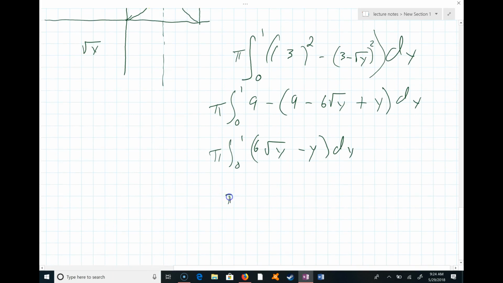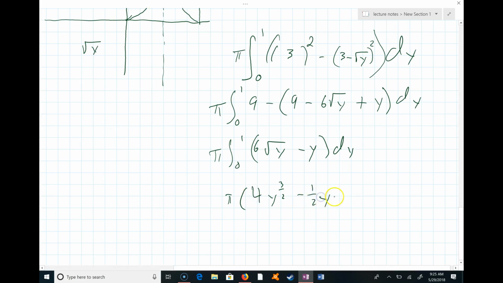So we're going to have a pi times, let's see, that would be 12y, nope, that'd be y to the 3/2 power. And we want that to be, what, 2/3 times 6 would be 12/3 would be 4.